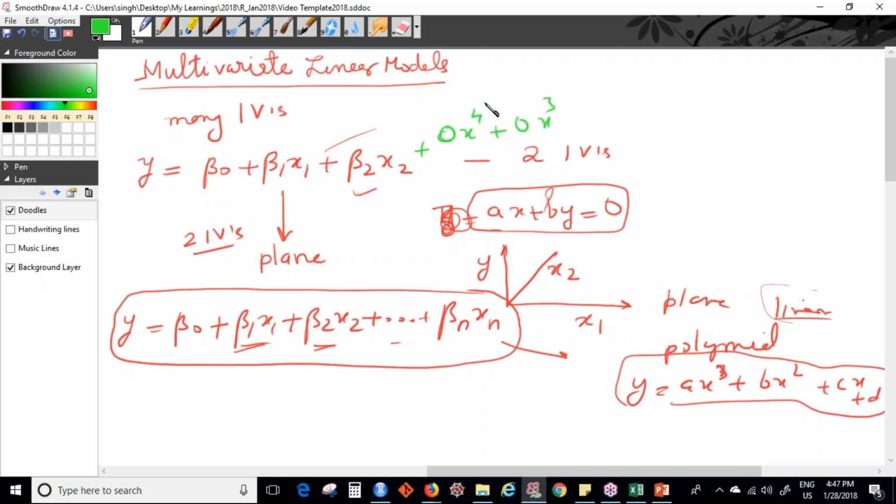But ideally these terms are 0. Even a straight line is a polynomial equation basically, because these terms are 0. But practically, it is not polynomial. It is linear. This is also linear, whereas this is non-linear. If you draw this, it will be a curve. But these will be straight lines or planes.